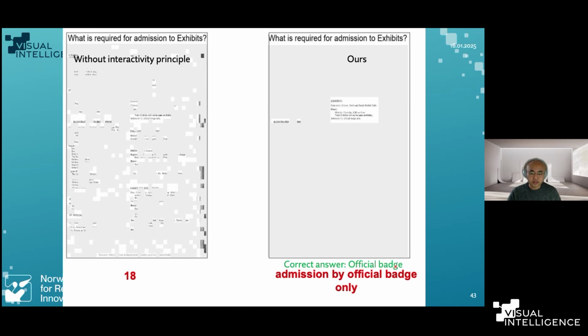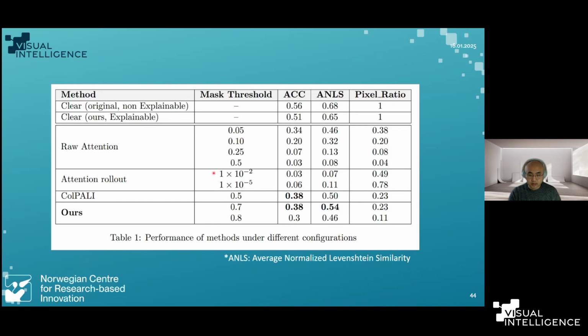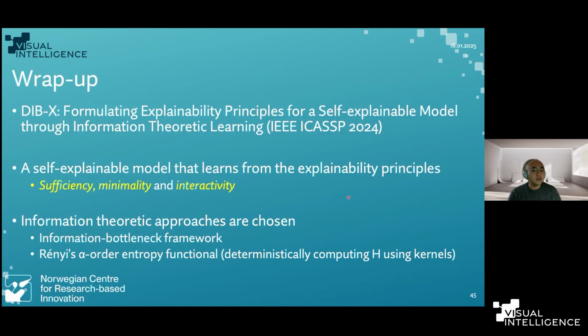The correct answer is official batch, but our answer said automation by official batch only. But still it's better than this setup, which just returns some numbers without any clue. There are also some quantitative results, still outperforming the others.